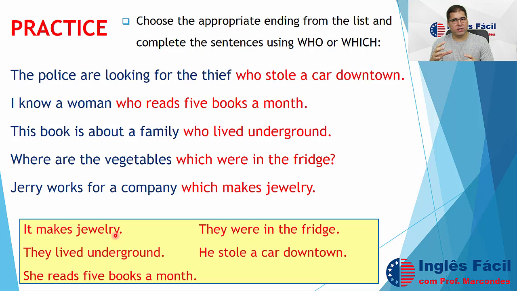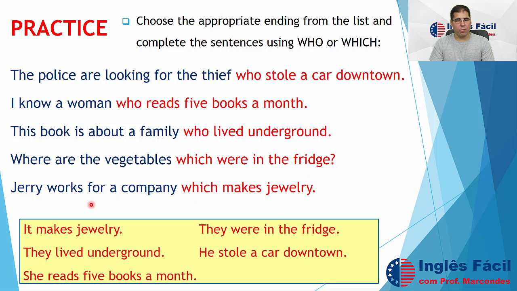Now, of course, as I told you, in all these sentences, it would be possible to use that, okay? So it would be correct to say, the police are looking for the thief that stole a car downtown. Perfect. I know a woman that reads 5 books a month. This book is about a family that lived underground. Where are the vegetables that were in the fridge?